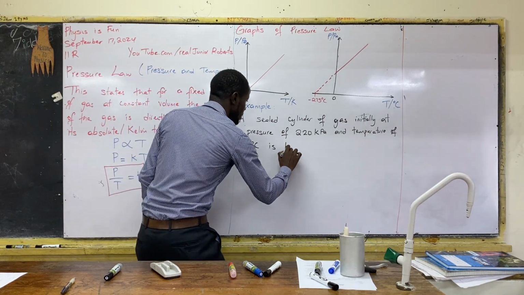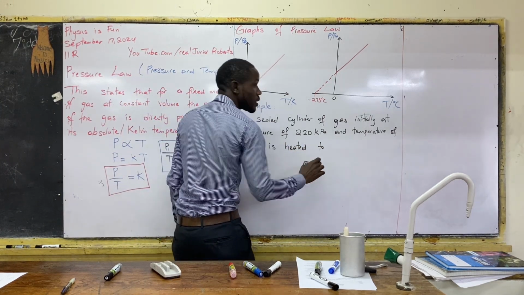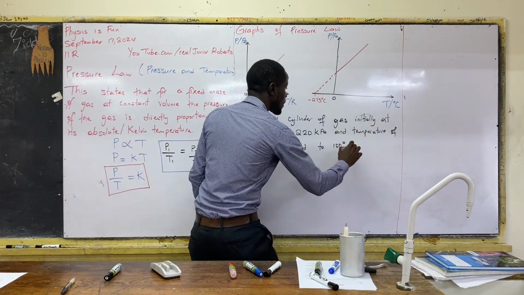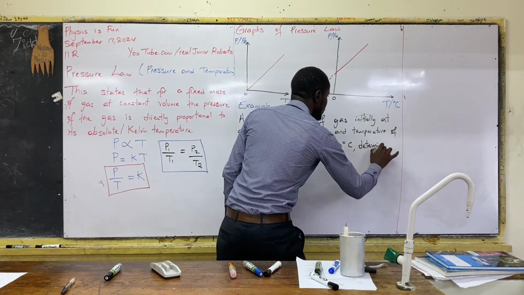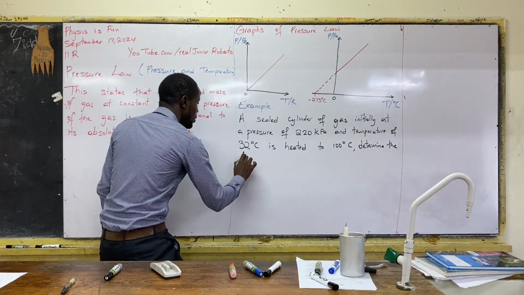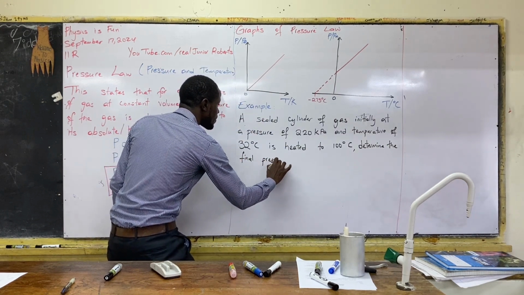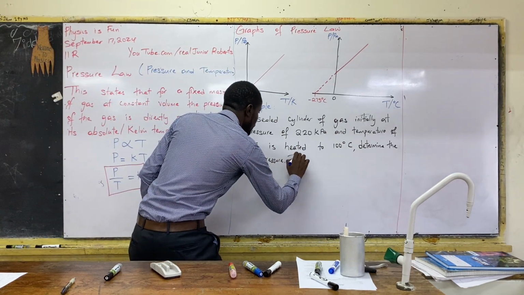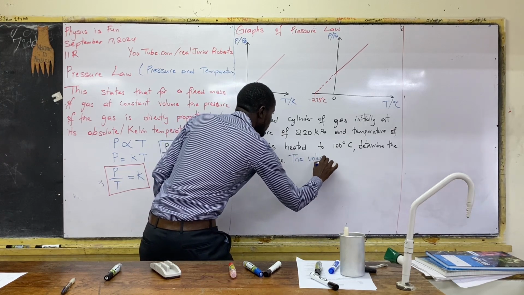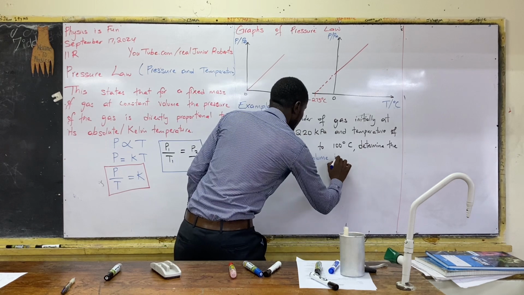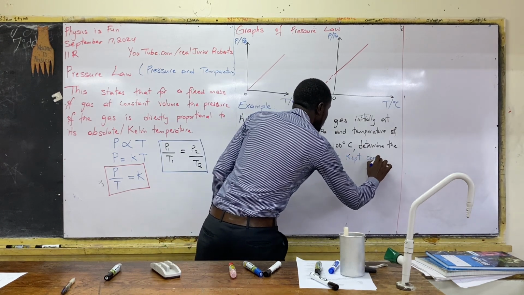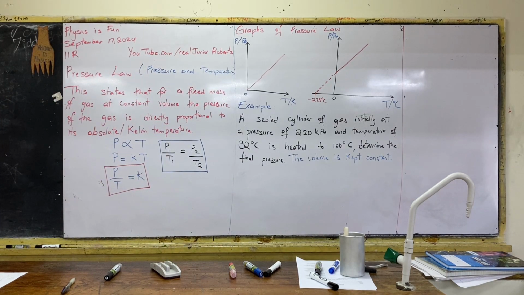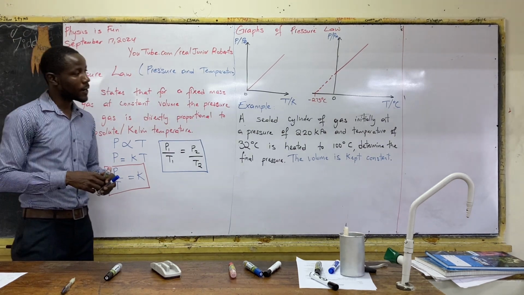Determine the final pressure, and we're going to say categorically that the volume is kept constant. Let me just go with that. All right, so that is our example.